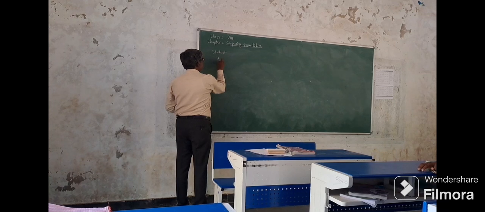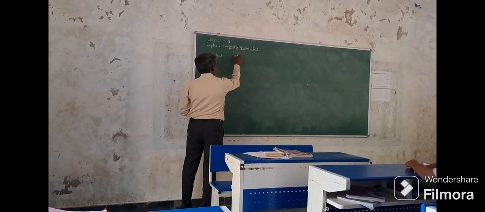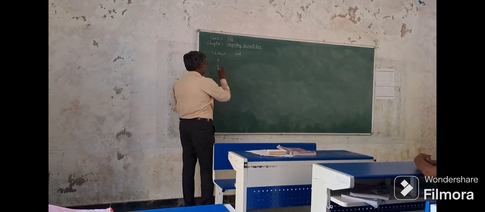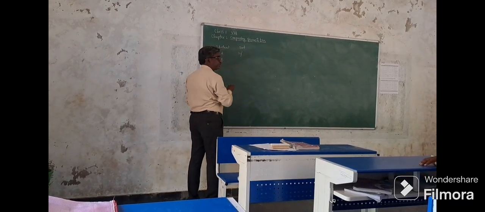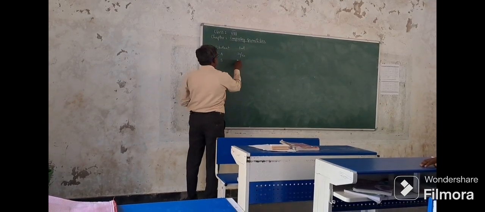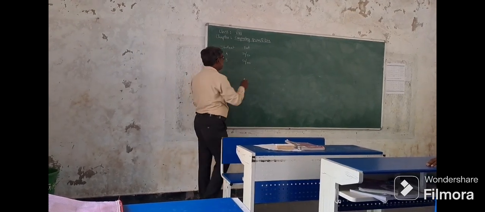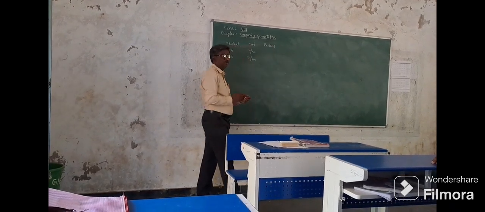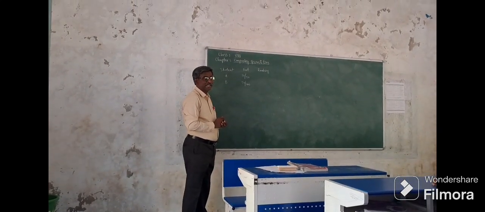So there are two students, student A and student B. In a test for different marks, student A got 30 marks out of 50. Next, student B got 50 marks out of 100. If you want to rank both, who will get the first rank, who will get the second rank?